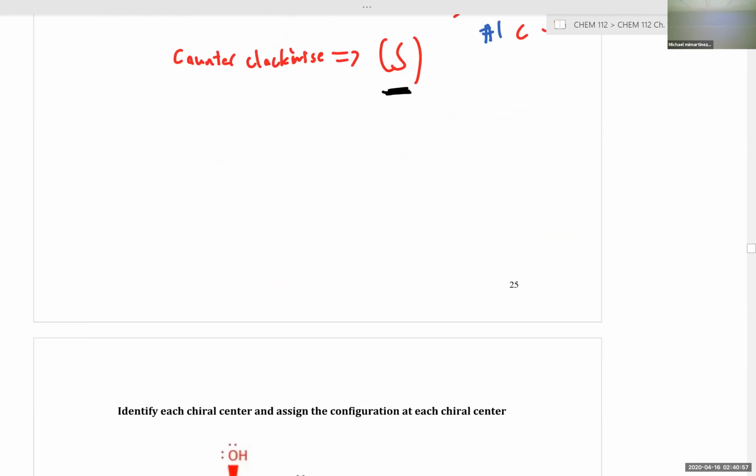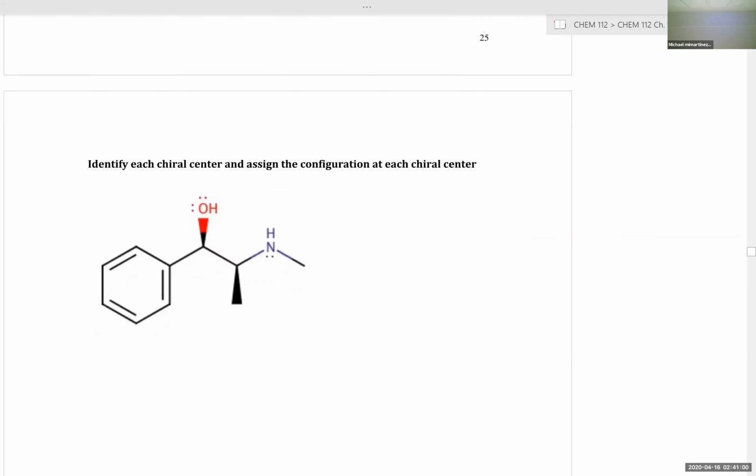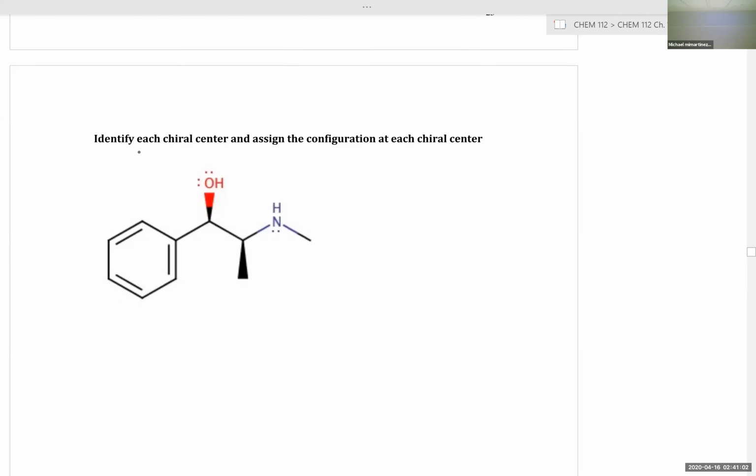Let's do another example. So I'd like you to identify each chiral center and assign the configuration at each chiral center. So take a moment to work on that, and then we'll come together as a group to discuss in a few minutes.